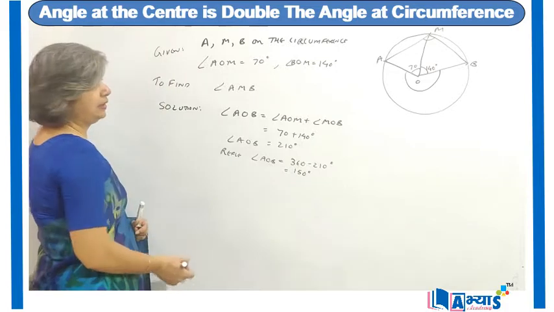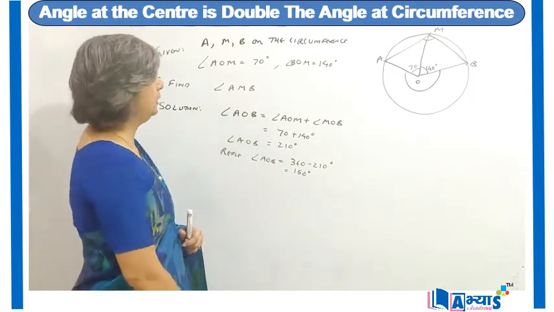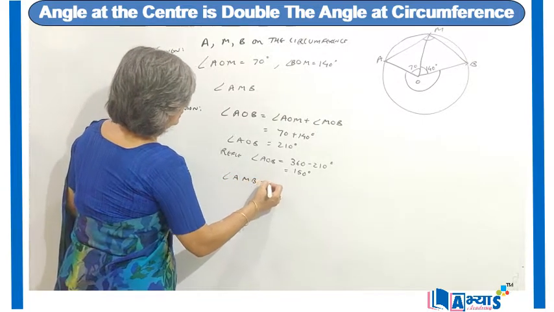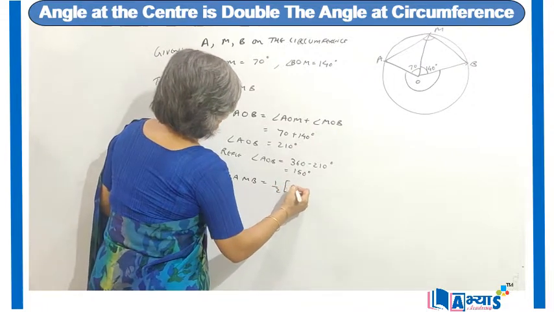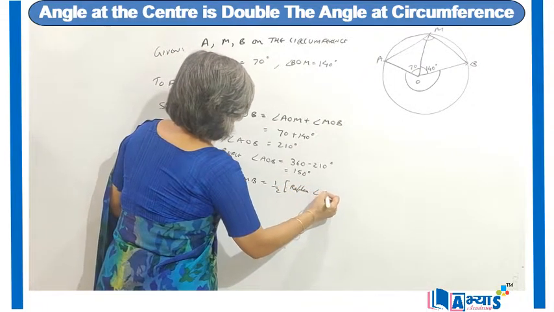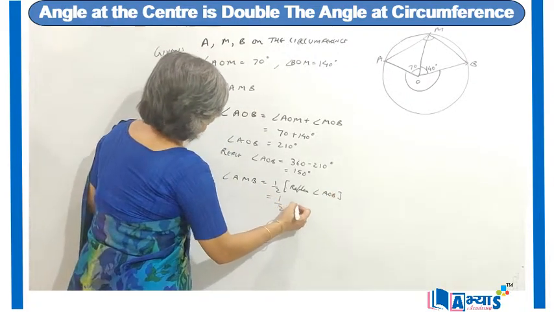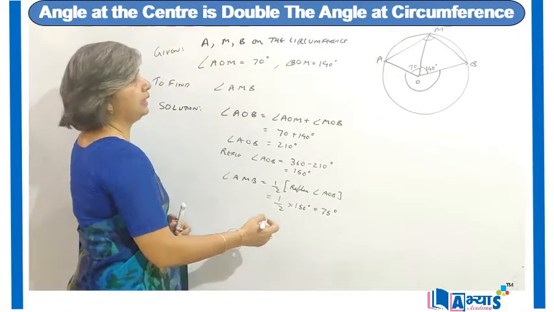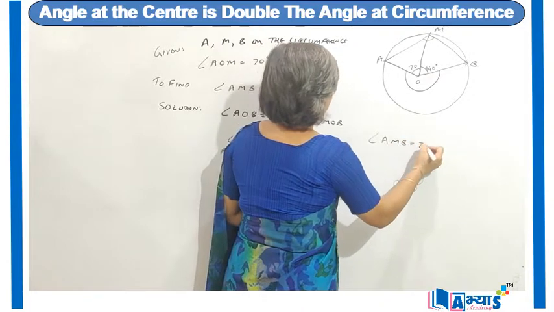Now the reflex angle AOB is the angle at the center, 150 degrees. So angle AMB is half of reflex angle AOB. So it will be half of 150 degrees, equal to 75 degrees. So hence angle AMB is equal to 75 degrees.